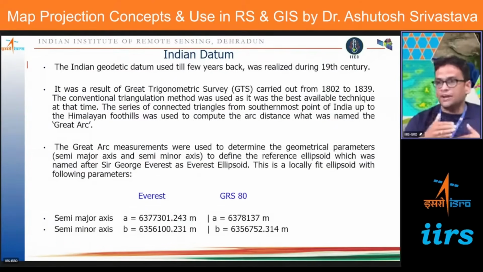It is more that way, but still we can say, without having any GPS or the best available techniques we have today, that time it was not there 200 years back, but still we did a good job, and the semi-major axis is closely matching, only an 800-meter difference.